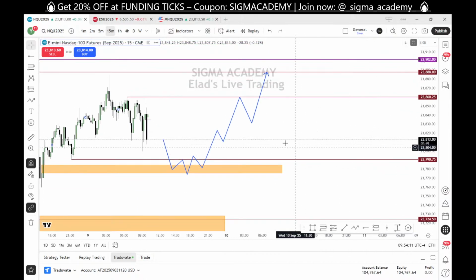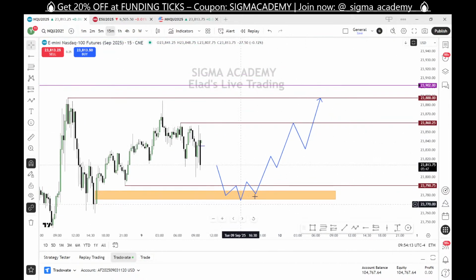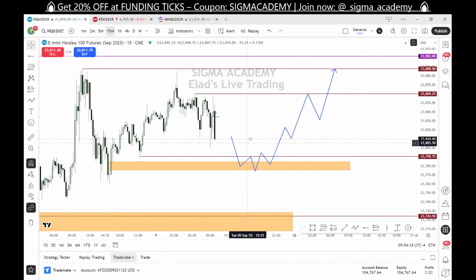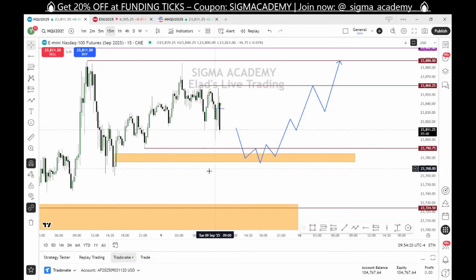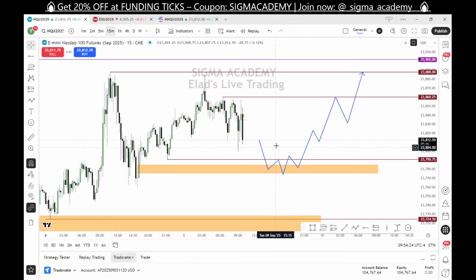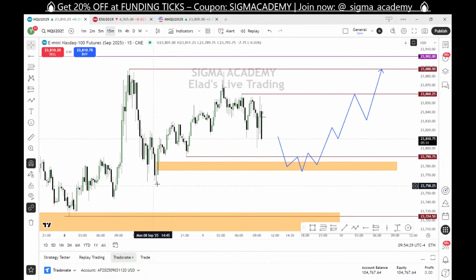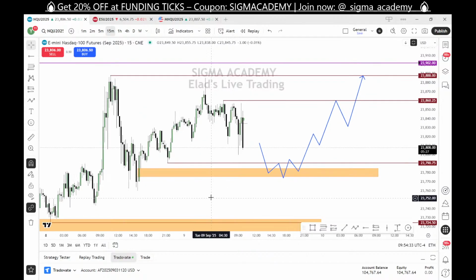Just remember what I said. We were going to take this low, maybe this low. I don't think we'll go too low. Any low will be taken, this one. I don't think we will go below this one, and we will reverse.